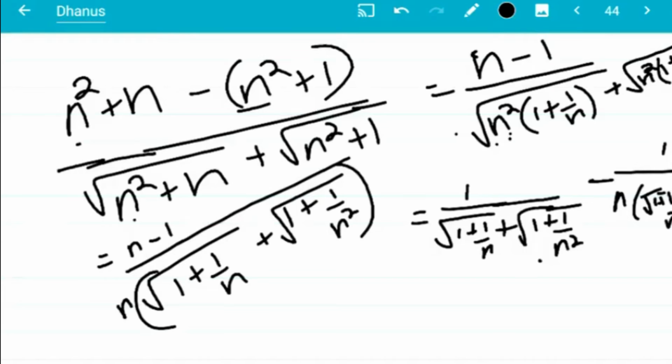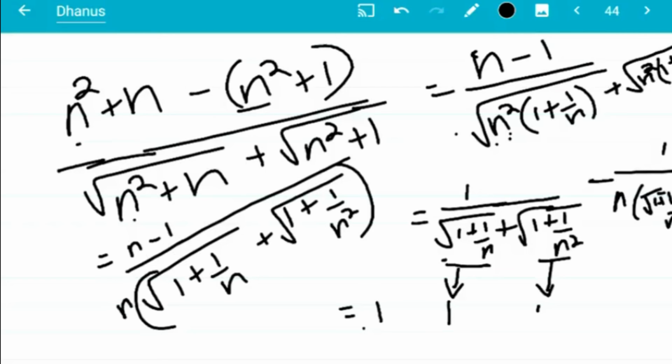This will result in, as n tends to infinity, 1 by n tends to 0, and 1 plus 1 by n will be 1, and this term will go to 1. Similarly, this term will also go to 1, and this will be 1 by 1 plus 1. 1 plus 1 is 2.